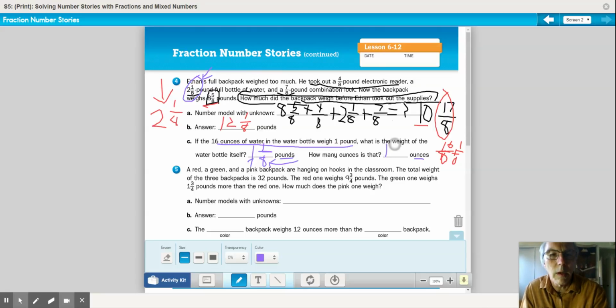So that's 18 ounces. Okay, so you have to figure out how to get a fractional part of a pound and convert it to ounces. Well, if you know that 16 ounces is 1 pound, that'll help you. And half a pound is 8 ounces.